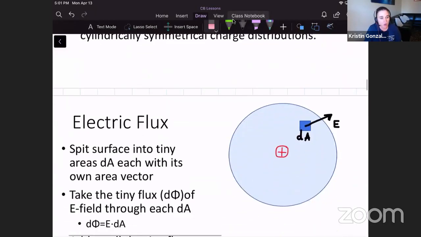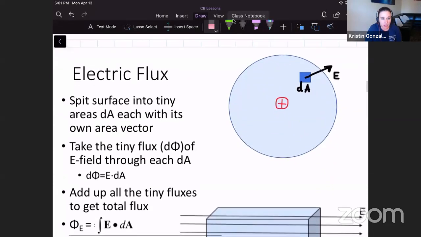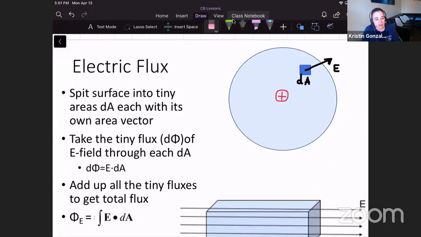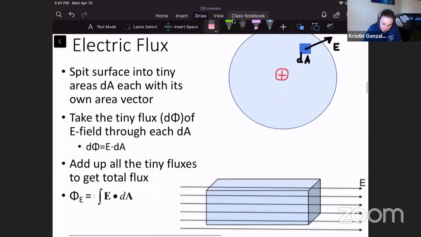So just as a quick review, let's talk about what electric flux is. We used the analogy of sunlight the other day, and flux is really just a flow of some quantity through a surface. So electric flux is the electric field through a surface area. We can find flux two different ways.